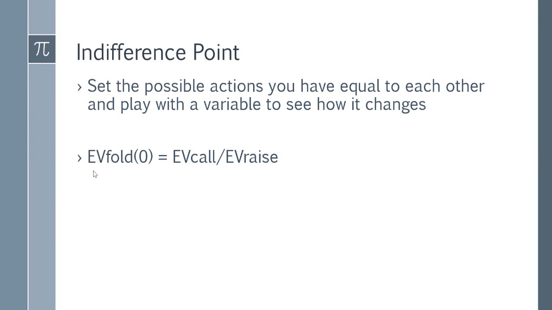One thing to note here is that if you're comparing the EV of folding to the EV of calling a bet or the EV of raising a bet, your EV of folding is always going to be 0. Once the decision comes back to you and it's your decision whether to fold or not, it's always going to be 0.